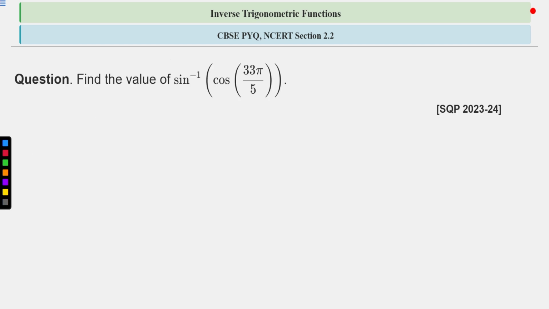Next question is, find the value of the expression sine inverse cos 33 pi by 5. Clear? How can we find the value of the given expression?